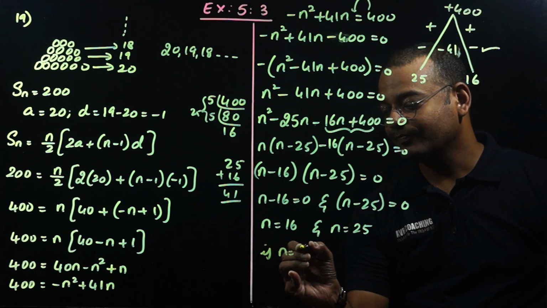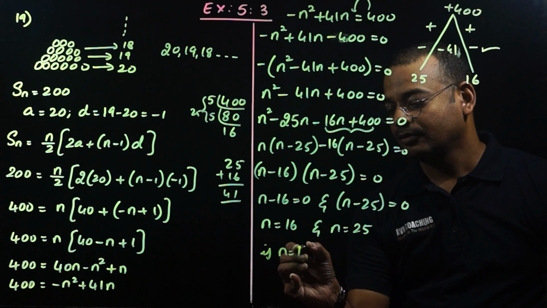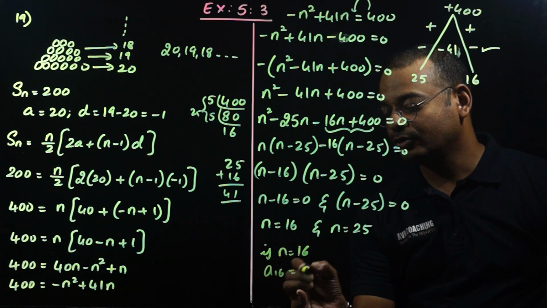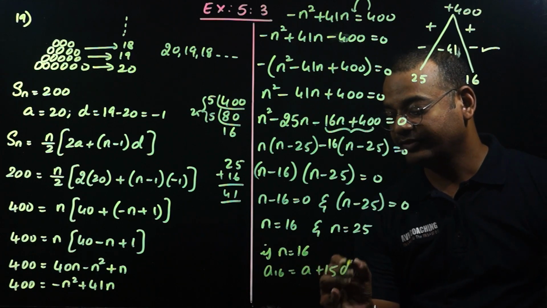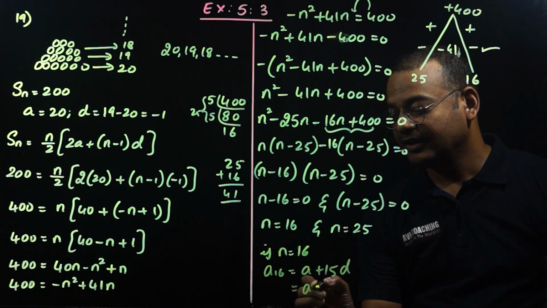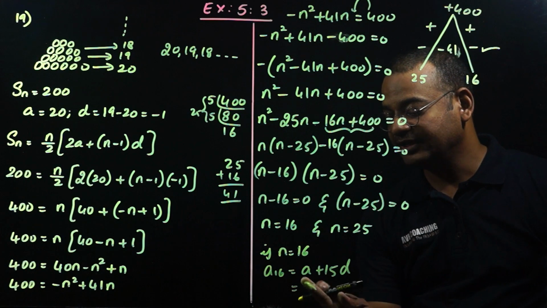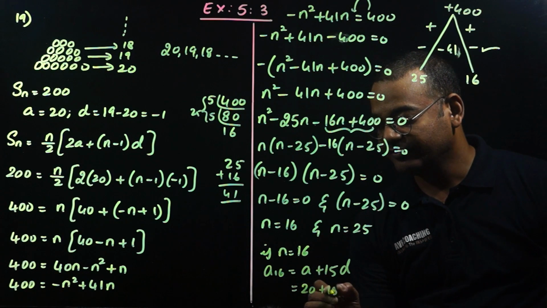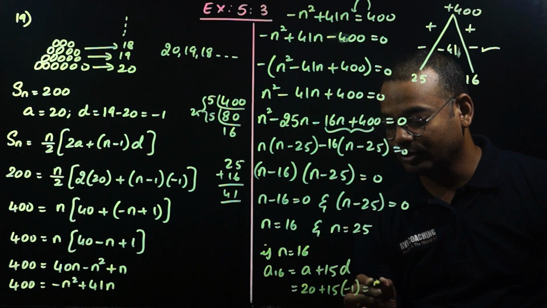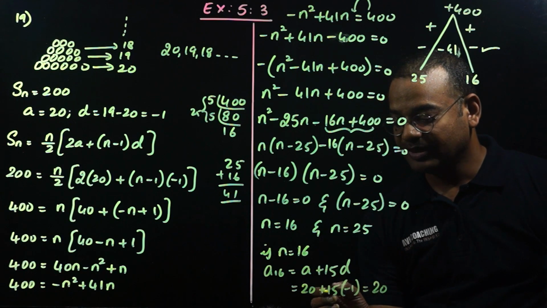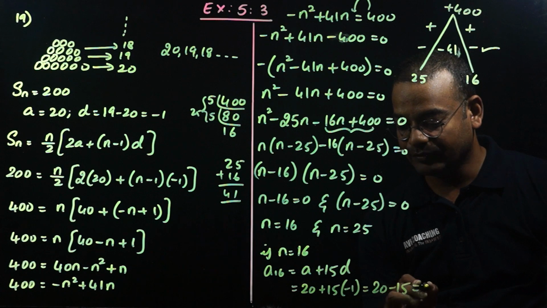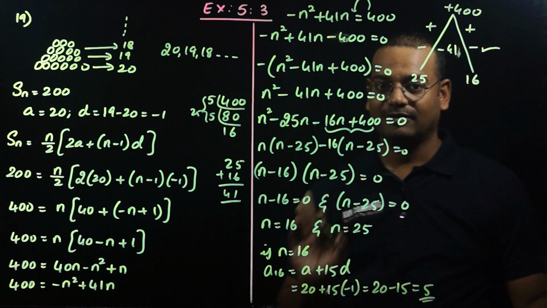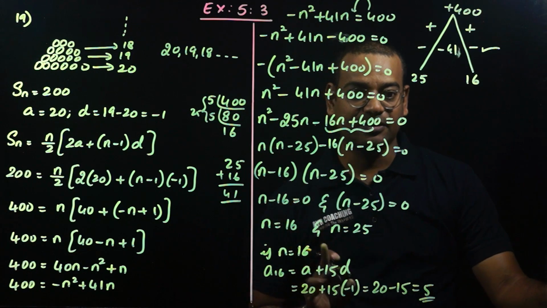If n equal to 16, A16 is equal to A plus 15D, where A value is 20. So 20 plus 15 into minus 1 is equal to 20 minus 15, which is 5. Therefore, there are 5 logs in the top row when the number of rows is 16.